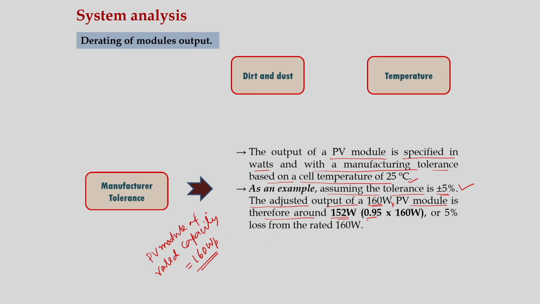It will be 0.95 into 160 watt. That means 5% loss from the rated 160 watt, right. So, if we multiply 0.95 into 160 watt, it will be 152 watt if we consider 5% manufacturer tolerance, right.